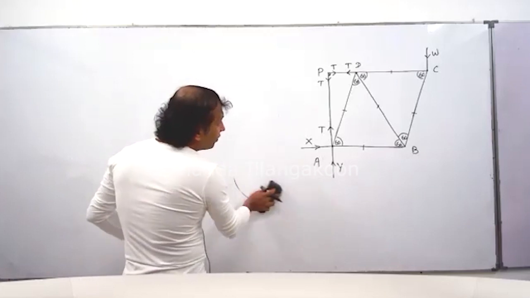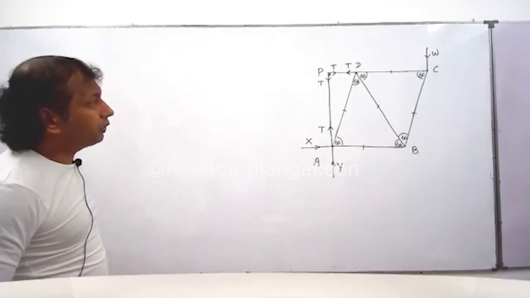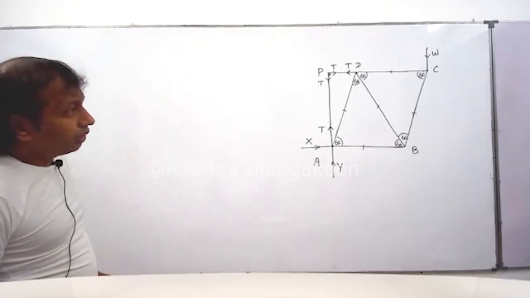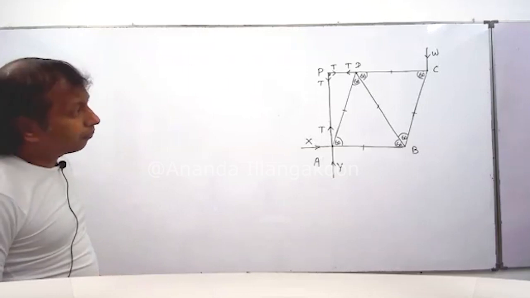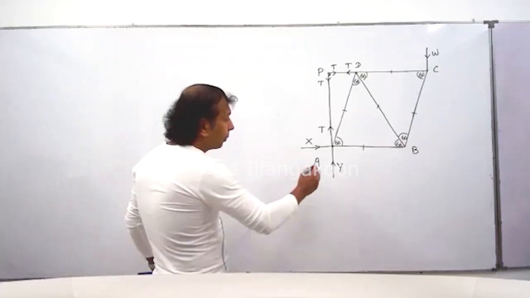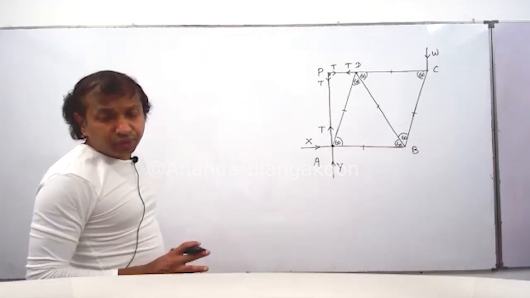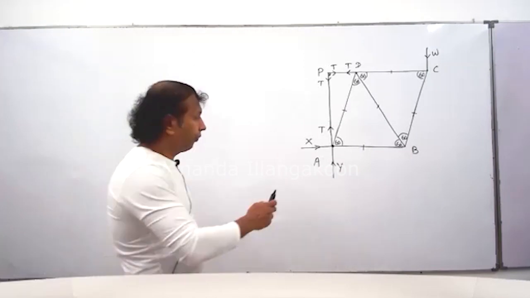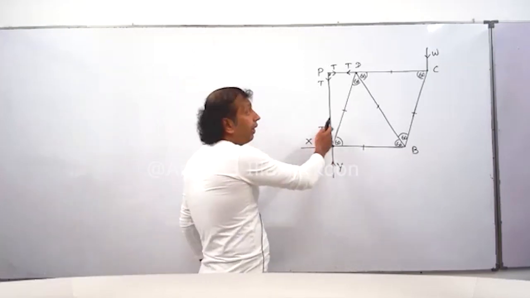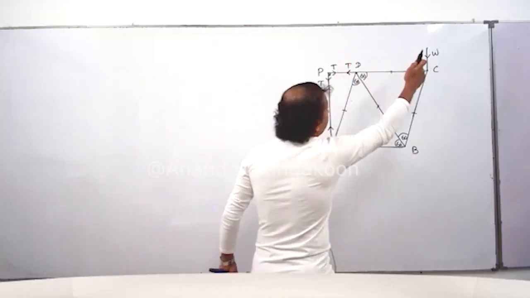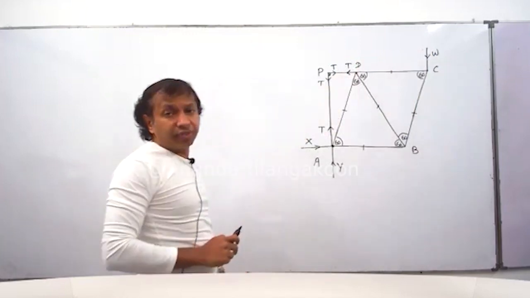To find tension T, for the equilibrium of this framework, we take moment around A. The forces which act on the framework are this X, this Y, this T, and this T, and this W. They are the forces acting on the framework.